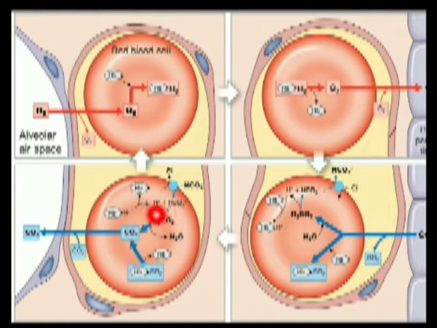As a result, the hydrogen ion, which remained bound with the hemoglobin, detaches from it and binds with the bicarbonate ion, and they form carbonic acid. This carbonic acid then dissociates into carbon dioxide and water, and the carbon dioxide diffuses into the alveolar cell and exits from our body via exhalation.